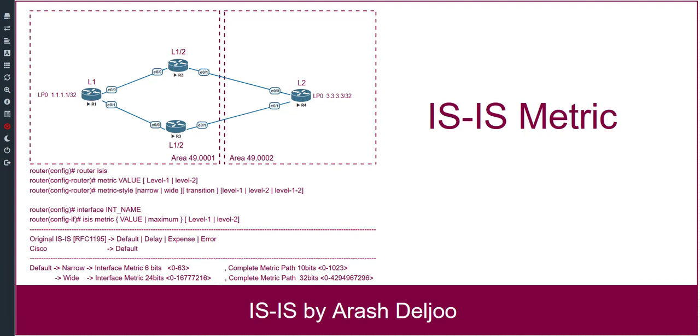Don't forget, the important and interesting thing is that each of these metrics, meaning default, delay, expense, and also error, is intended to be evaluated independently in the SPF calculation. What does this mean? This means that finally, after using these 4 types of metric, we can have 4 best paths according to default value, according to delay, according to expense or error, okay?